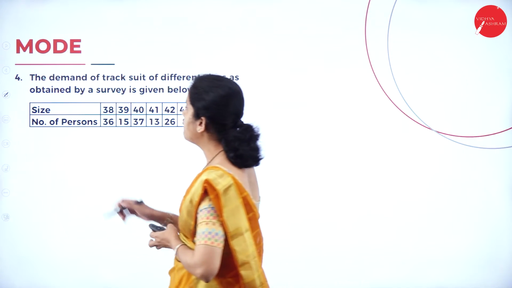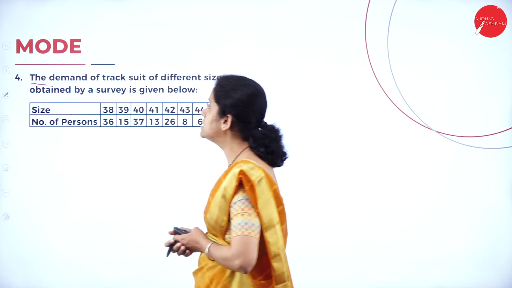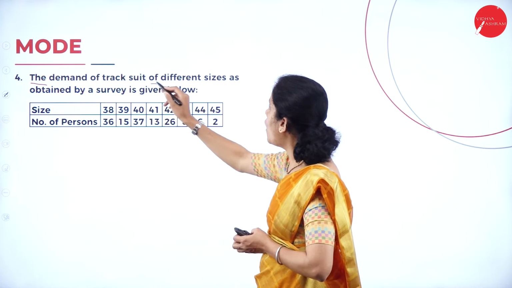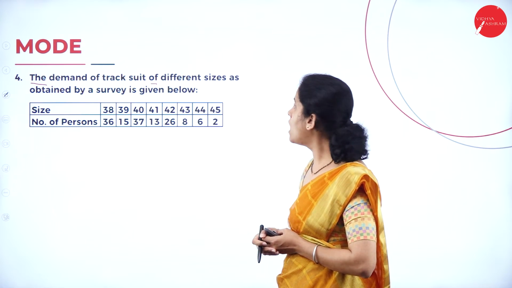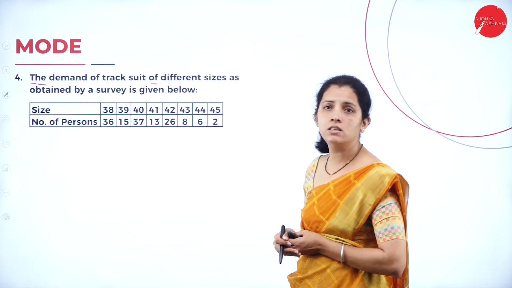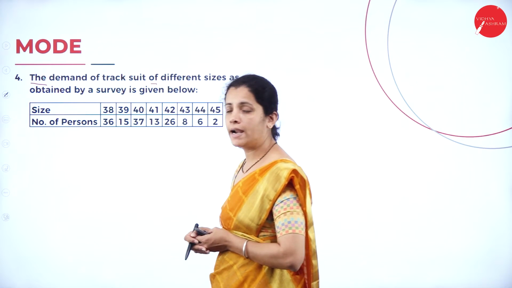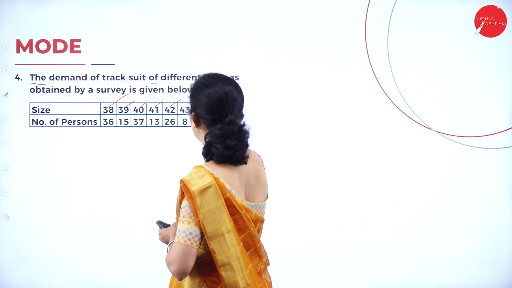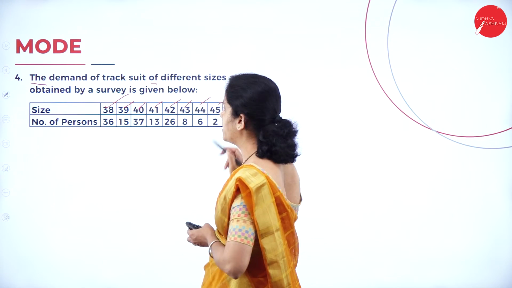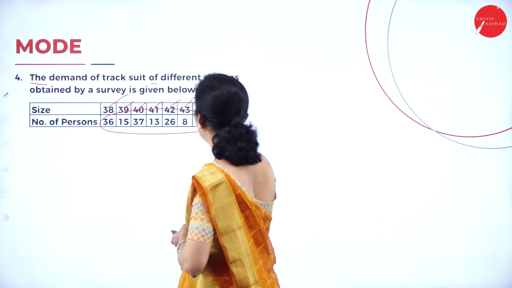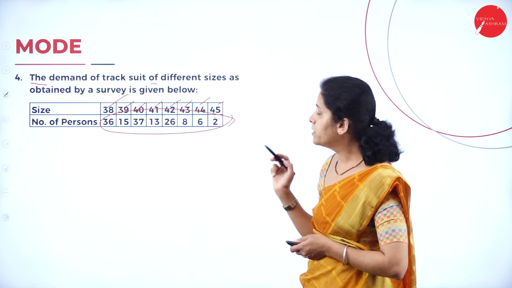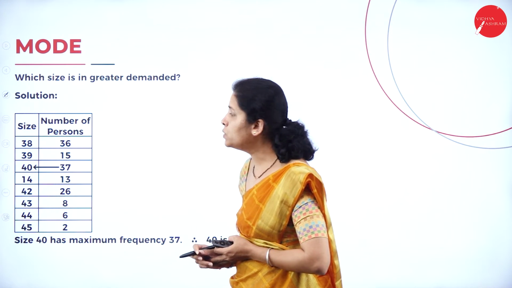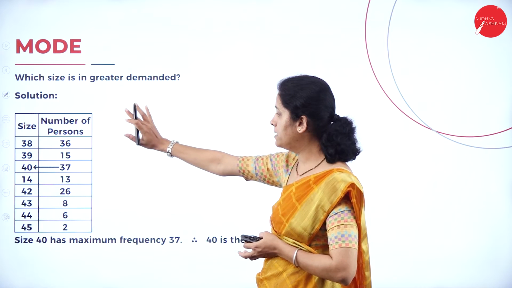Now see, I have another problem, that is the demand of track suits of different sizes as obtained by a survey is given below, and I have the sizes 38, 39, 40, 41, 42, 43, 44, 45. See here, I have the number of persons. Now, what I want to do is write the table.